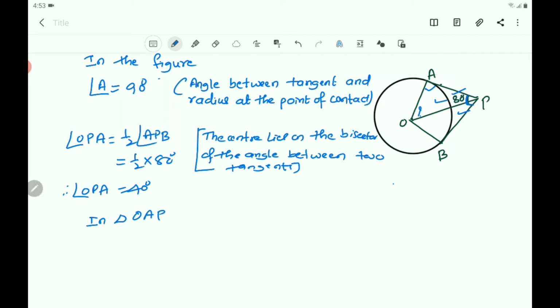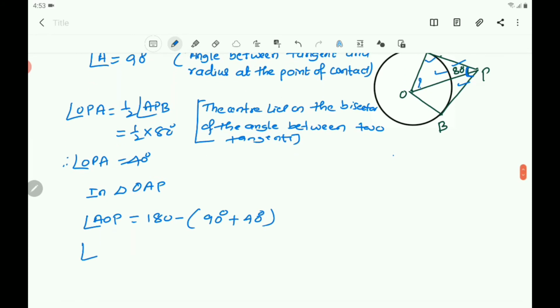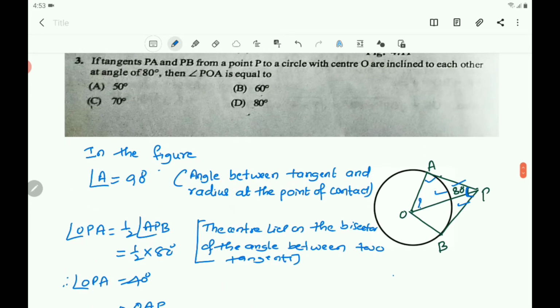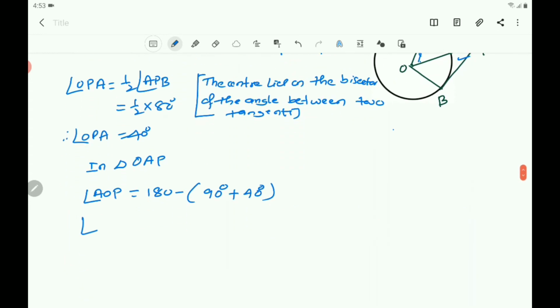So you can write that angle AOP equals 180 minus the sum of the known two angles, that is angle A and angle APO. Angle A is 90 degree and angle APO is 40 degree. Angle AOP, nothing but angle POA, is equal to what?